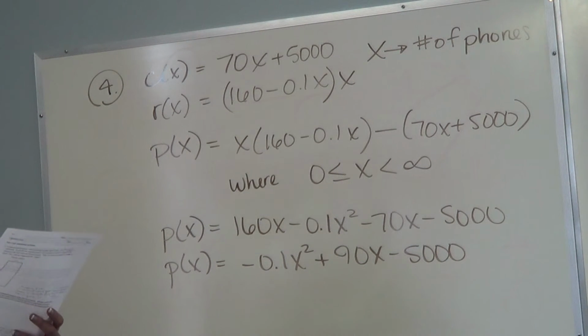Right? So you guys get negative 0.1x squared plus 90x minus 5,000.